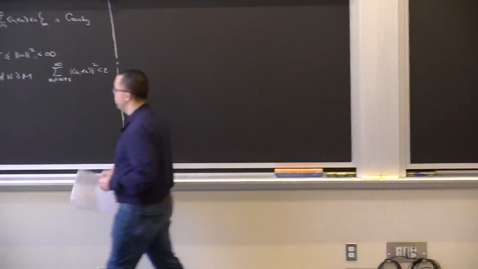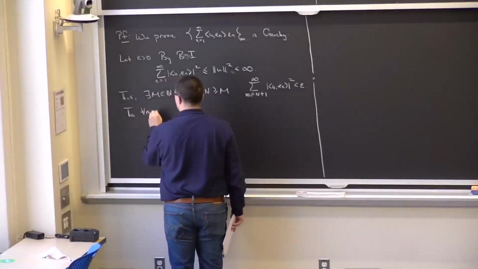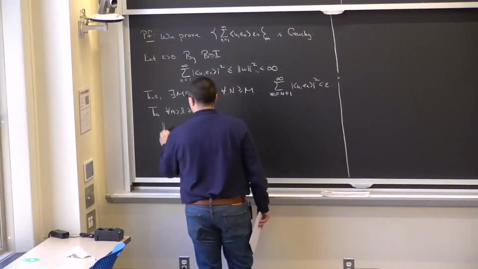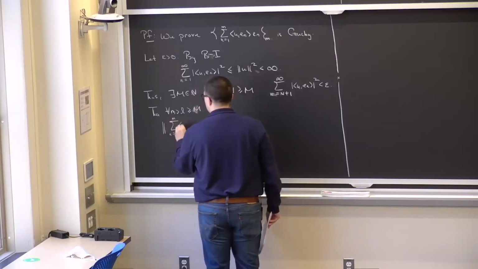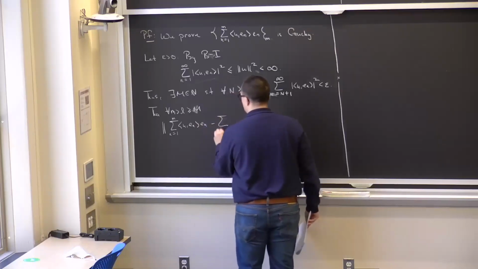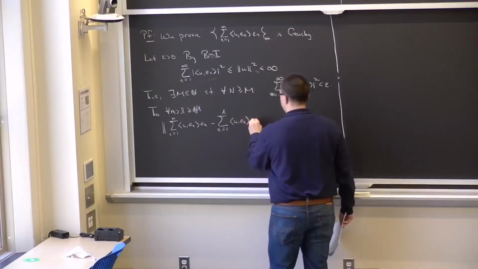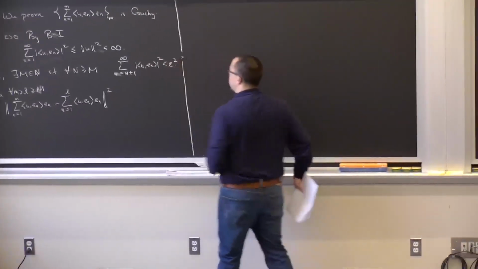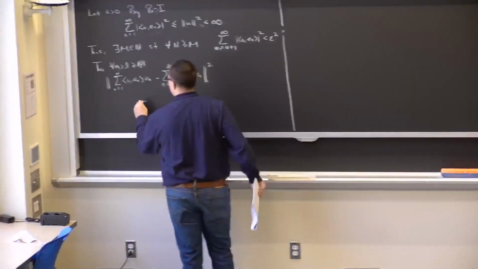Then for all m greater than L greater than this capital M, compute the norm squared of the sum from n equals 1 to m of <u, e_n> e_n minus the sum from n equals 1 to L of <u, e_n> e_n.